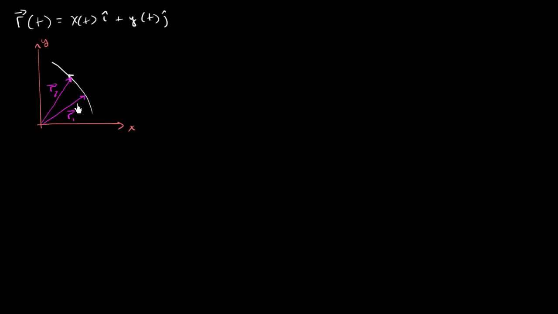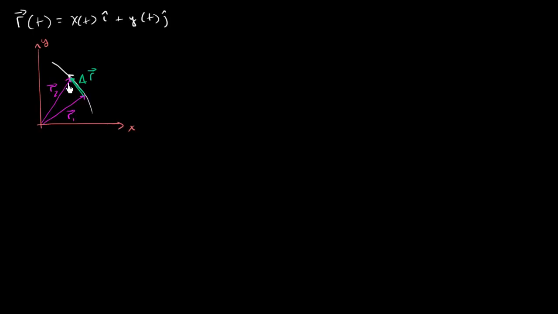And so one way that you can approximate the slope of the tangent line, or the slope between these 2 points for now, is essentially the difference between these 2 vectors. The difference between these 2 vectors, you could view that as delta r. This vector plus that vector is equal to that vector, or r2 minus r1 is going to give you this delta r right over here.